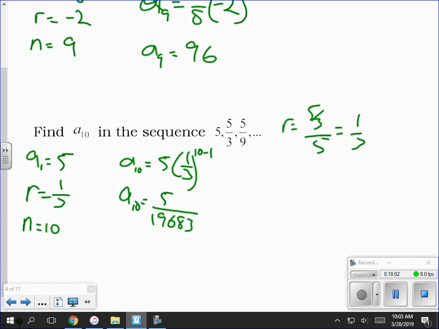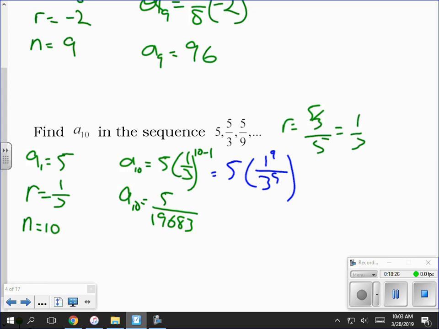And here's what I want you to do, and I'm glad this kind of happened, that your calculators weren't doing it, because here's what you can do. This is 5 times 1 to the 9th power over 3 to the 9th power. Right? Because what's a fraction to a power?